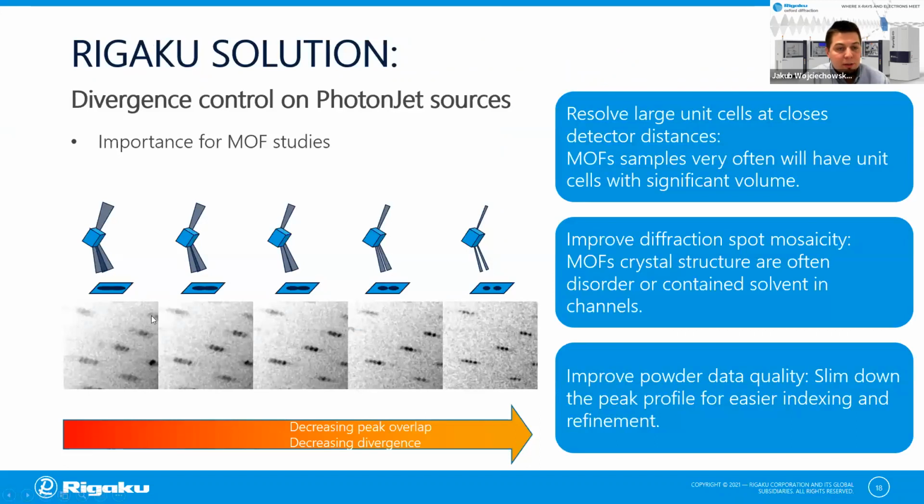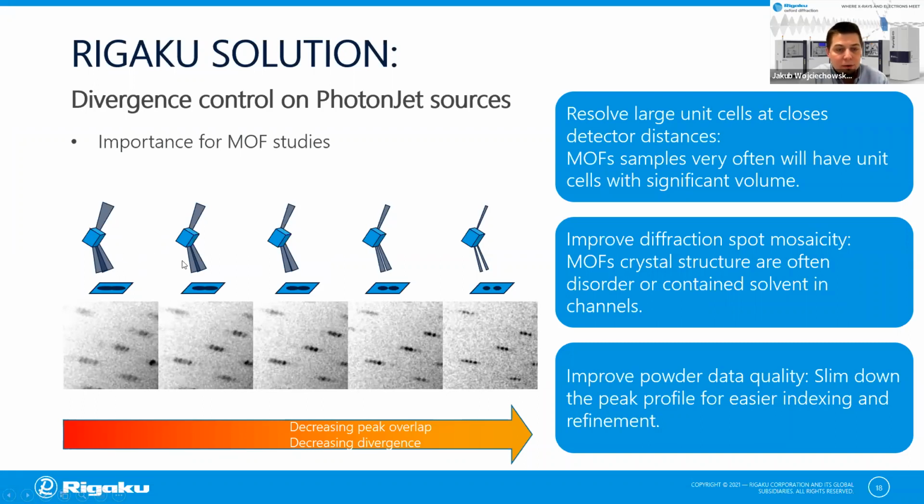But as I promised, I want to point out the importance of the divergence control on PhotonJet sources. Being able to decrease peak overlap or control mosaicity of your spots in MOF research, either powder or single crystal, is quite important.